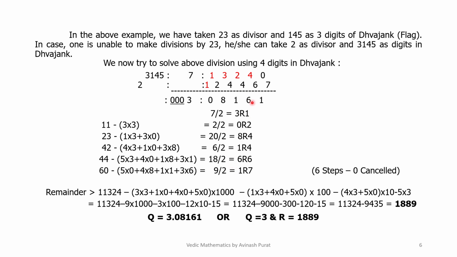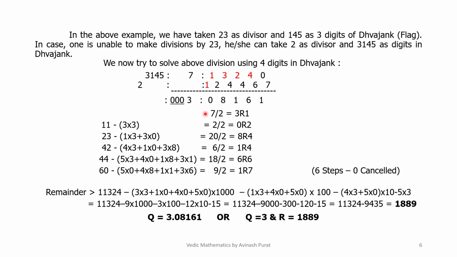So 6 is the quotient and 6 is the remainder. Now 60 is the dividend minus 5 into 0 plus 4 into 8 plus 1 into 1 plus 3 into 6, that is equal to 9, divided by 2 equal to 1 is the quotient and 7 is the remainder. So 6 steps are involved and none is cancelled.